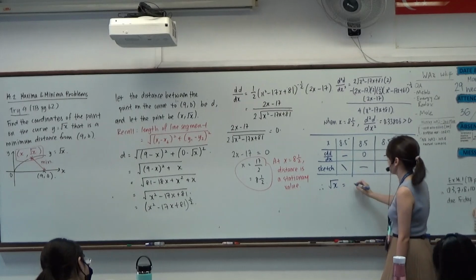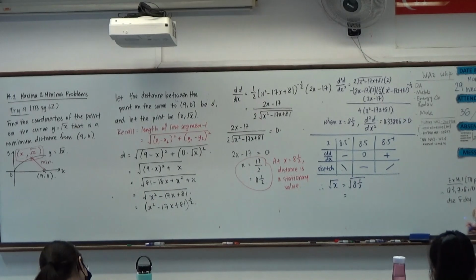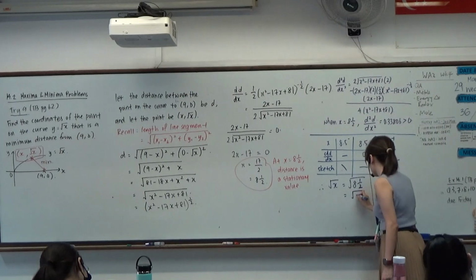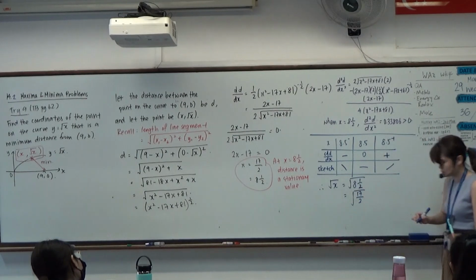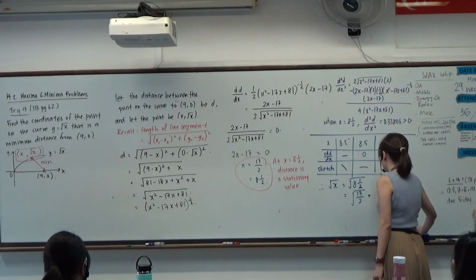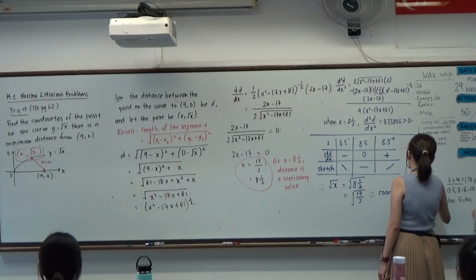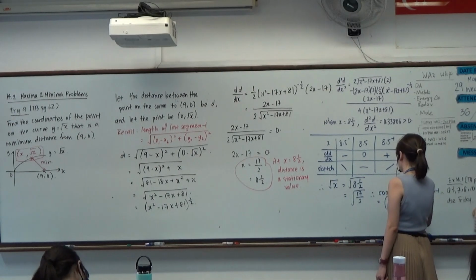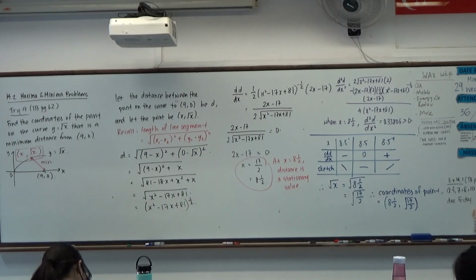So square root of x equals square root of 8.5, that is equal to 2.96, or if you want to leave it in surd form, square root 17 over 2.